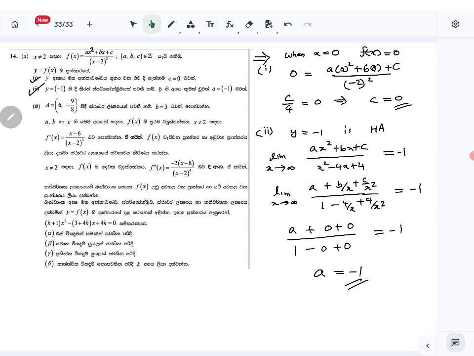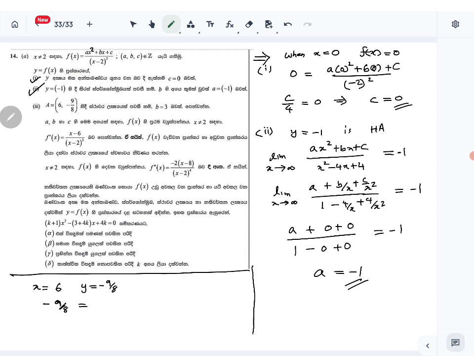So we just need to substitute that. When x equals 6, y equals minus 9 over 8. So let's substitute that and find this. When x equals 6, y equals minus 9 over 8. So substitute that into the function. This is a point on the function.